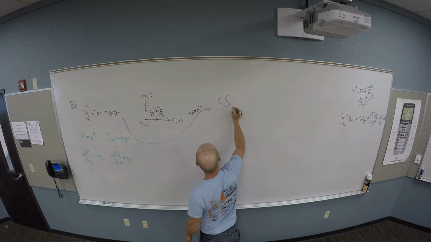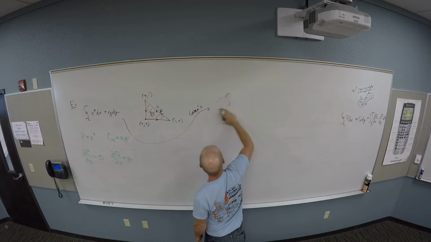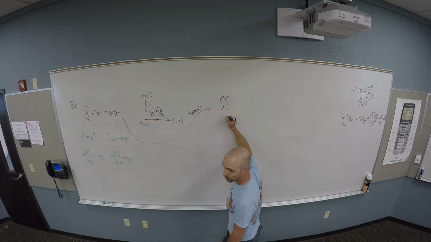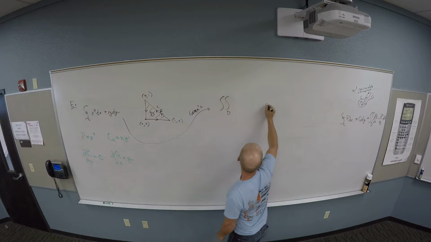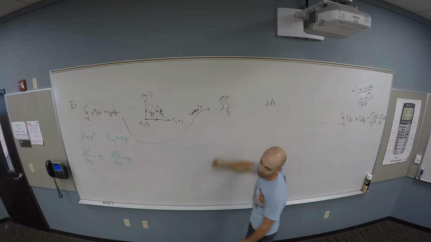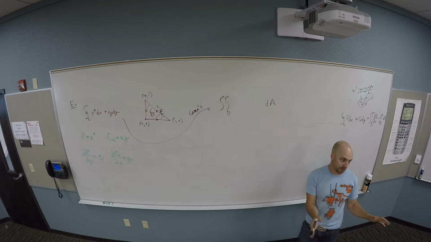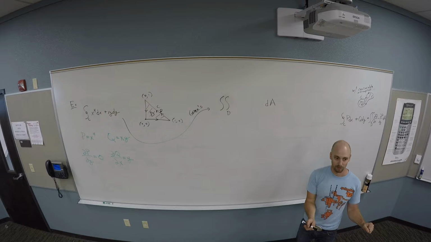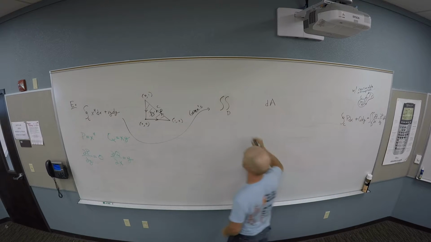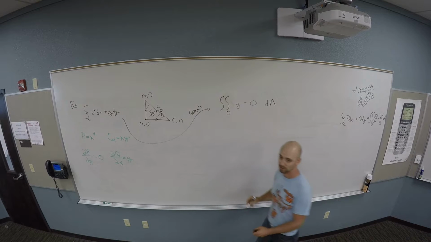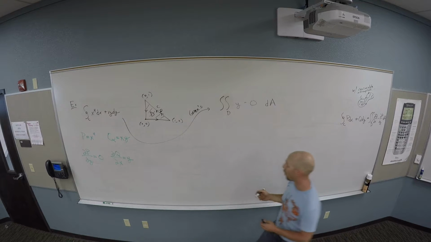For right now, I'm not going to try to figure out what coordinate system to use, because I'm not given one. I'm just going to write D area, and I'll straighten out what that is in a minute. Then the integrand is Y minus 0, which is just Y.